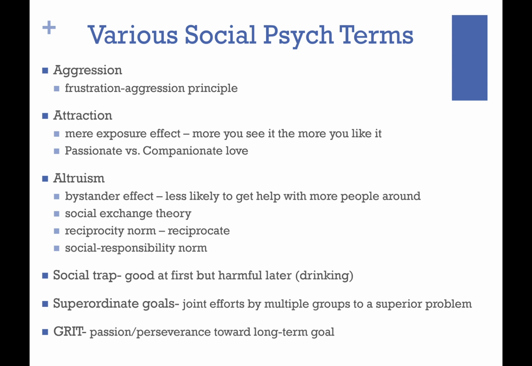So if someone has a medical emergency, appears to have a heart attack on say a city bus, it's actually less likely that people will get up and go to help them, simply because there are more people around, and the assumption is that someone else will be more qualified or more willing to lend assistance. Whereas those same people would spring into action if they witnessed a medical emergency and there was no one around.